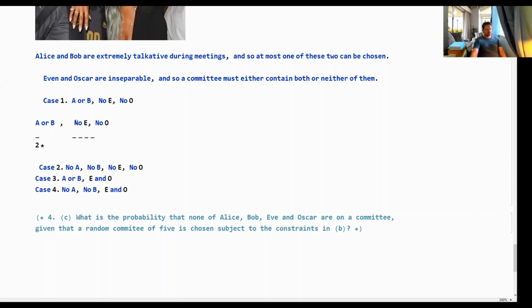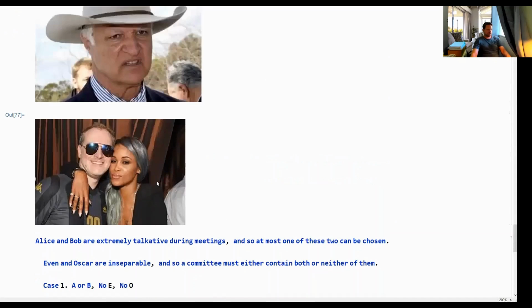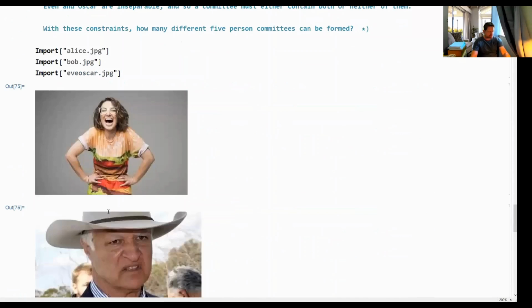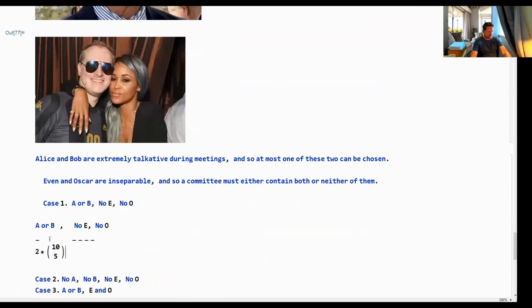Now, in this case, since we don't have Eve or Oscar, and we're considering Alice and Bob for this box, what do we have remaining? So 6 possibilities to go in 4 places, and that's a choose. So 2 times 6 choose 4, because there are 4 places and 6 to choose from for these boxes.